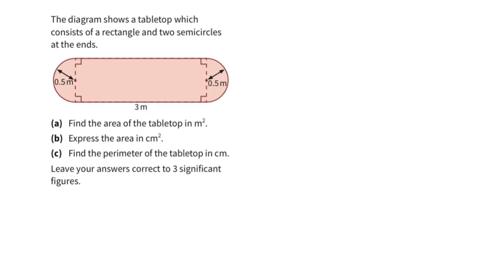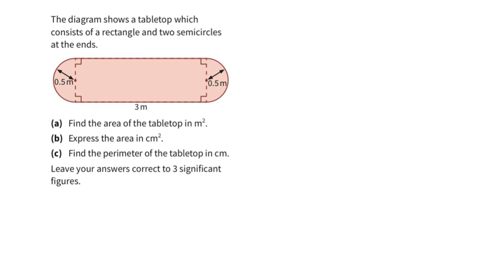Hello everyone, welcome to this video where we are given a tabletop which consists of a rectangle and 2 semicircles. Yeah, radius is given as well. So find the area of this particular tabletop.